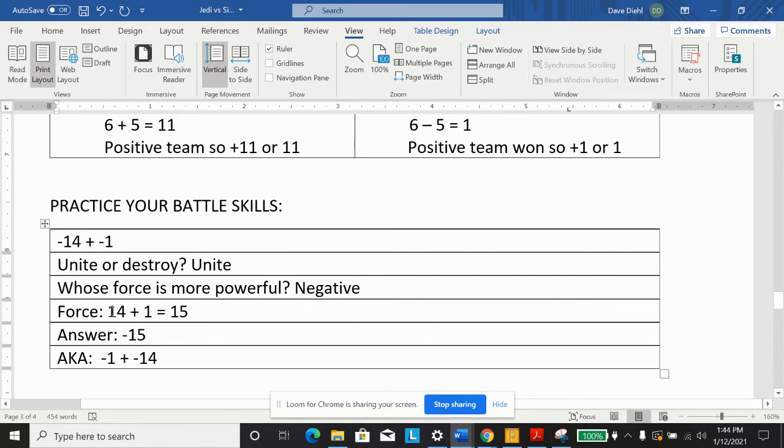Now the force, you should realize, is 15. It's 15 because you add the forces, the powers, or the absolute values. So it's 14 bad soldiers and another bad soldier would be 15 bad soldiers. And then you would label it as -15 because they're all negative.